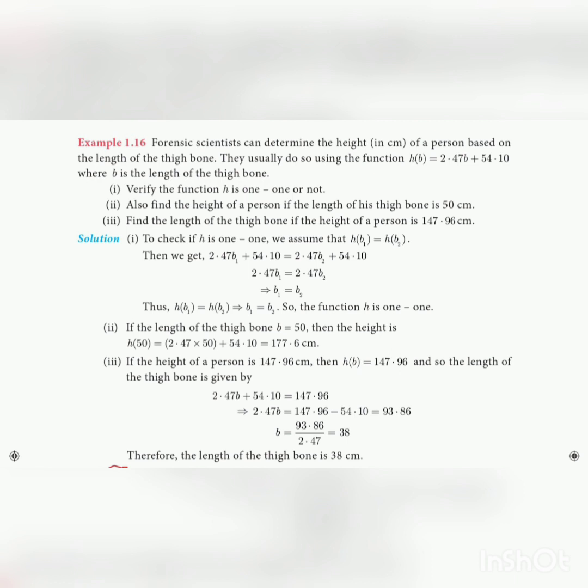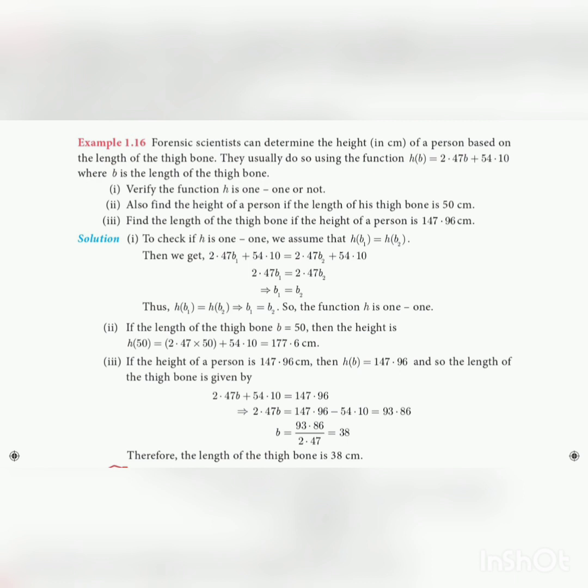Let us consider that the images for different elements are equal. That is h of b1 equal to h of b2. According to the function definition, h of b1 means 2.47 b1 plus 54.10 equal to 2.47 b2 plus 54.10. After simplification, we get b1 equal to b2.